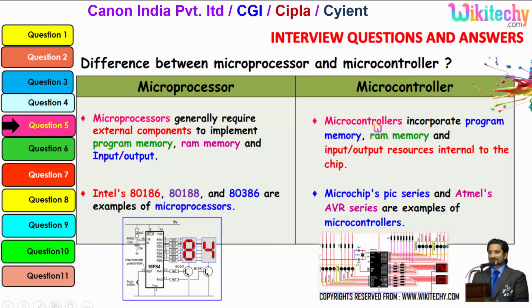Microcontrollers incorporate program memory, RAM memory and input-output resources internal to the chip. PIC series and Atmel AVR series are typical examples of microcontrollers.